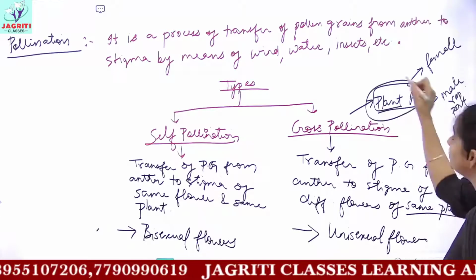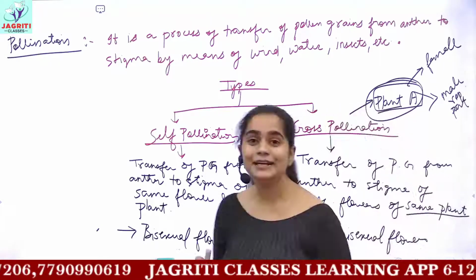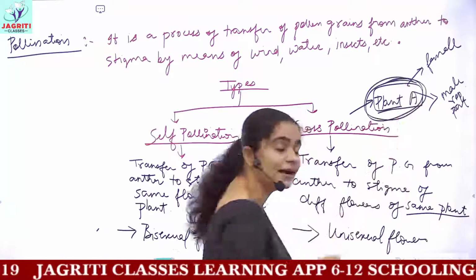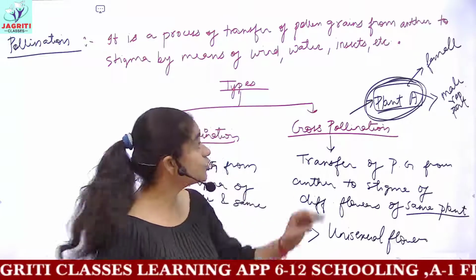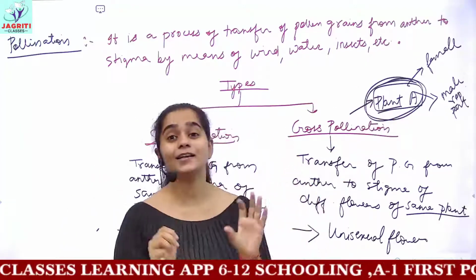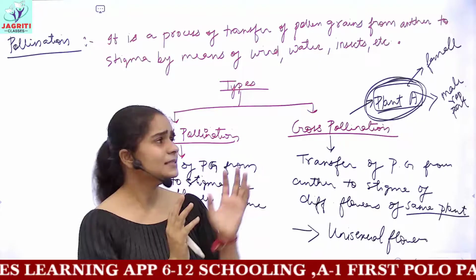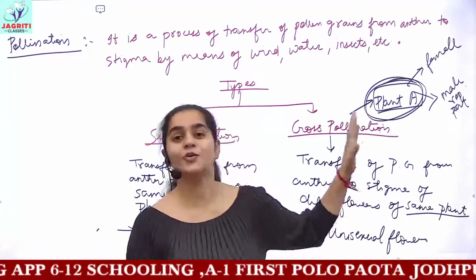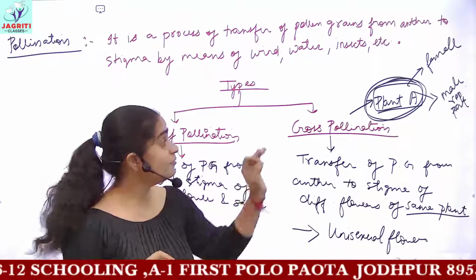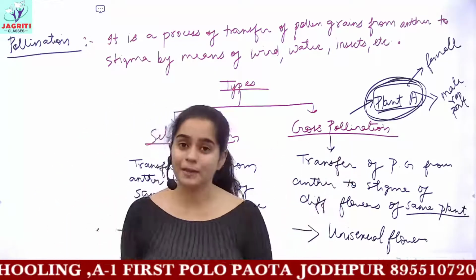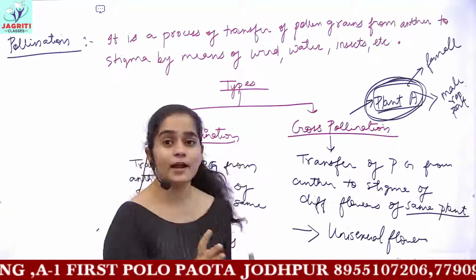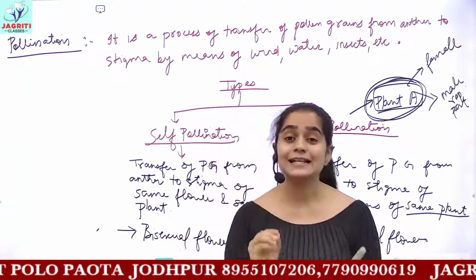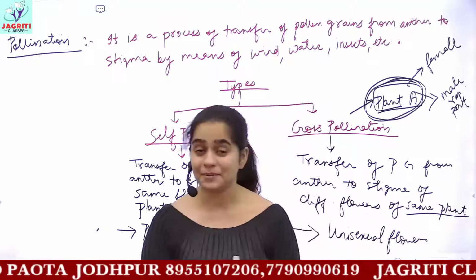But the plant would be same, and this also we'll be dealing with in the next classes, that's why I am writing here the same plant. Such pollens which belong to the same type of plant are called compatible pollens. That is, these types of pollens are allowed to germinate when they land on stigma. While if any other pollen comes from a different plant or a different variety of plant, all the pollens cannot germinate on this stigma, and these pollens are known as incompatible pollens.